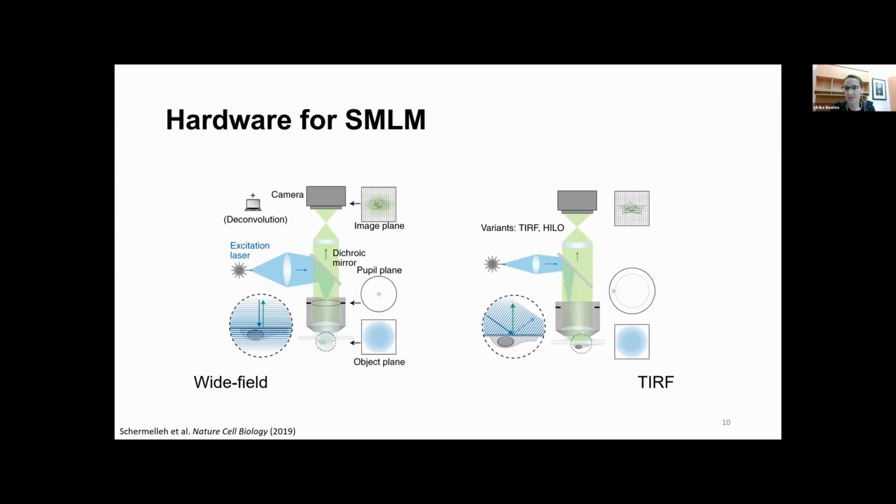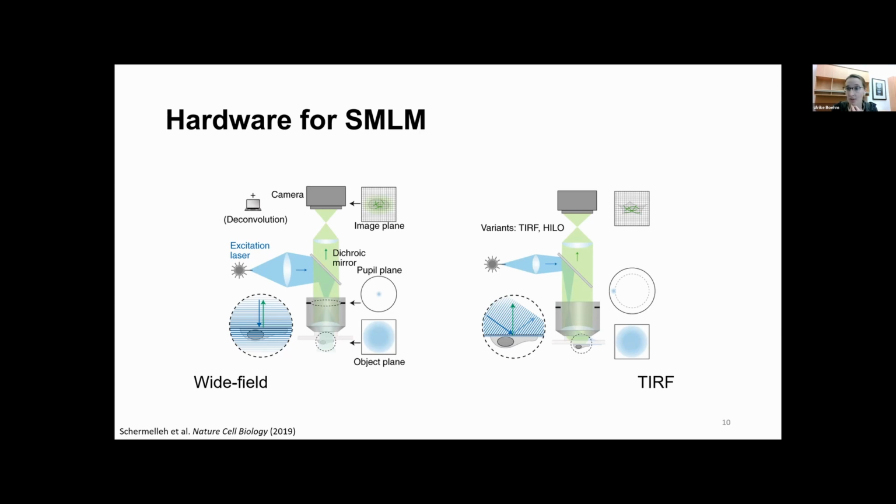In previous talks of this lecture series, you have already been made familiar with what a wide field microscope is and what a TIRF microscope is. The basic principle on which single molecule localization microscopy is based is also such a type of microscope. In a wide field microscope, as you maybe know, you can immediately take an image of your sample of interest, and everything is immediately captured on a camera sensor.